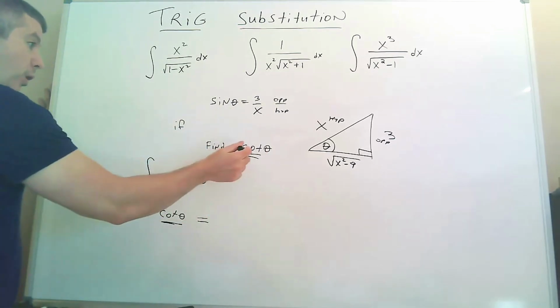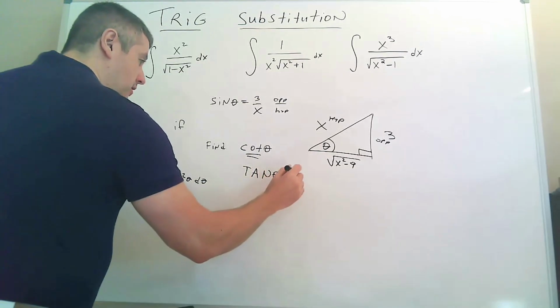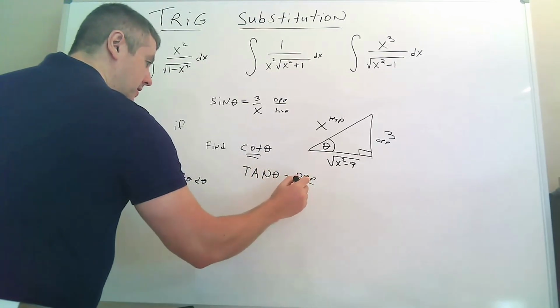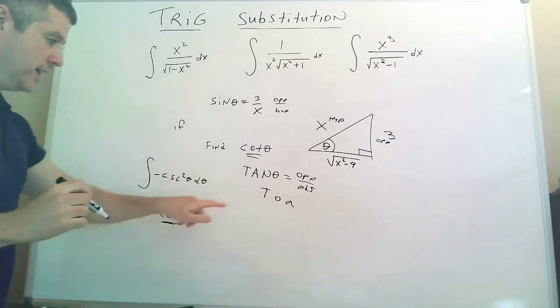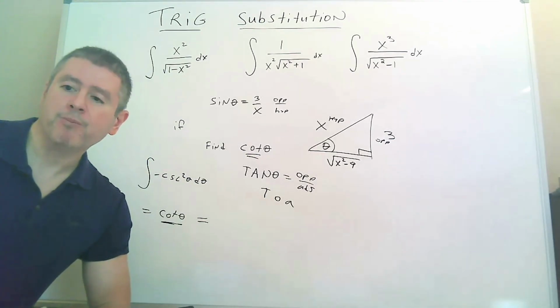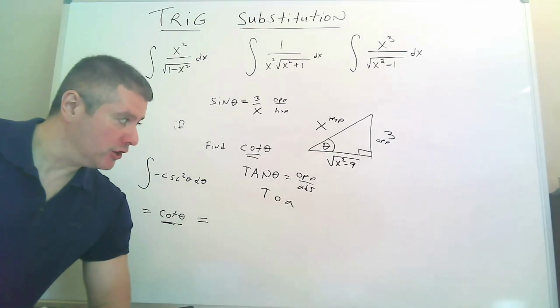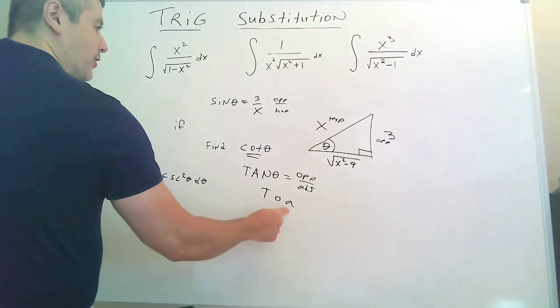Now, I want cotangent. I don't know cotangent. I know tangent. I know tangent is opposite over adjacent. Now, in SOHCAHTOA, TOA, tangerines or apples. This is what I teach my 1275 students when I do trig, right? I make acronyms. So tangent is tangerines or apples, or technology or art, whatever you like.